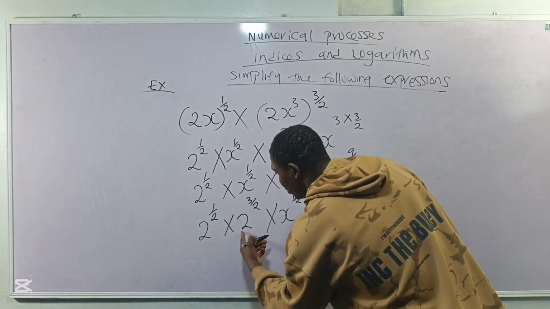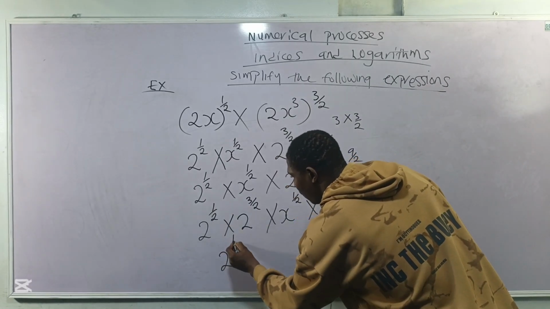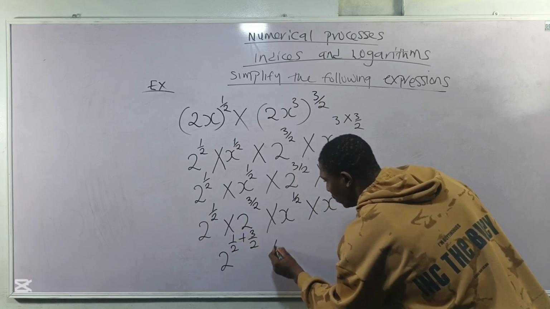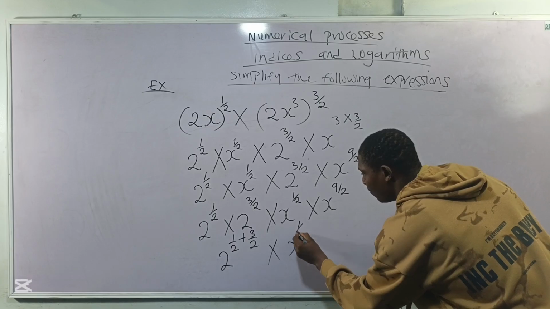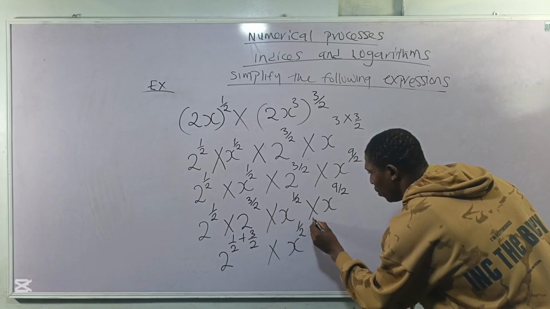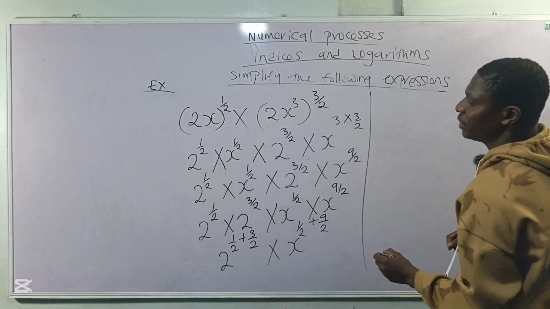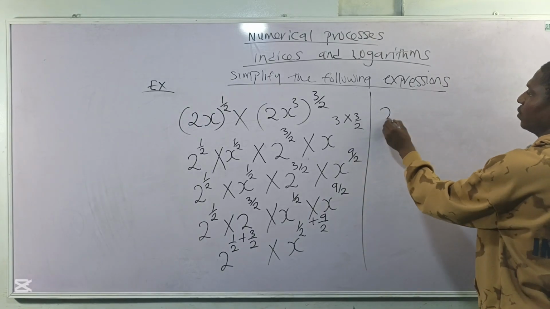Now I'll pick one of the bases, which is 2. I'll have my half, because of my multiplication I have plus 3 over 2, times x. I'll have my half, plus 9 over 2.